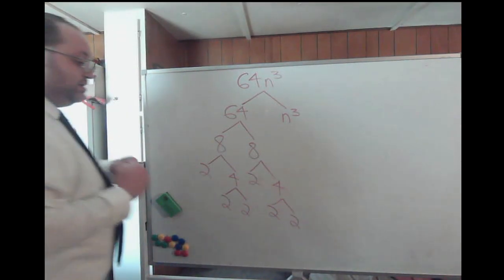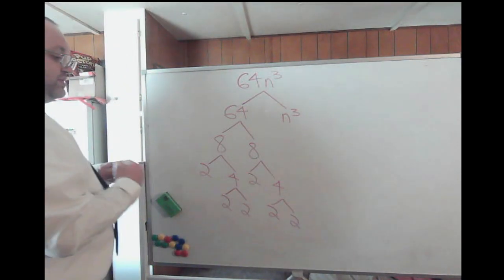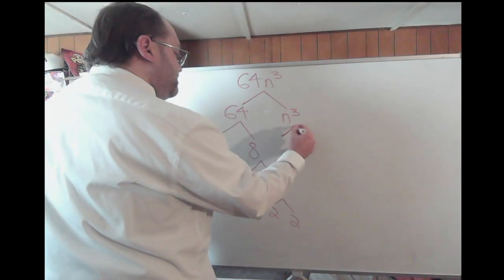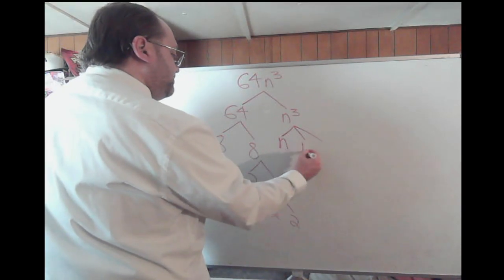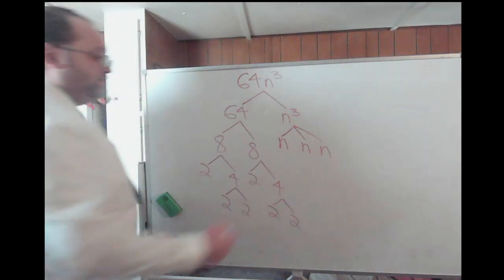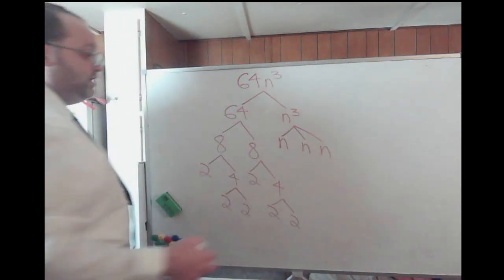Okay, so we factored out 64 completely because we can't factor out the 2's anymore. We can factor n cubed. That's just n multiplied by itself 3 times. So we can't factor the n's any further. So we have n times n times n, which would make n cubed.